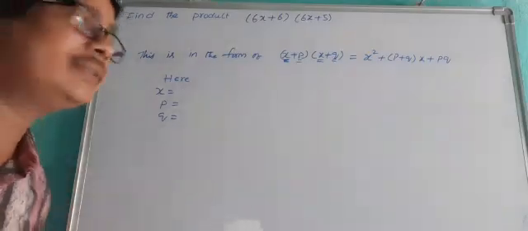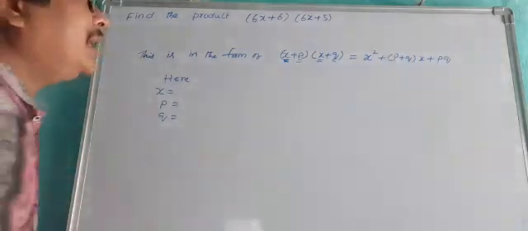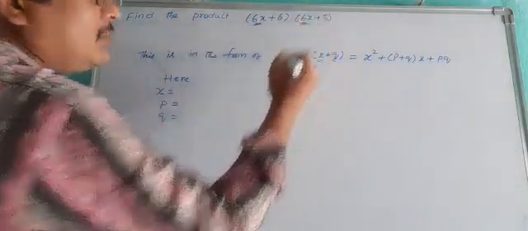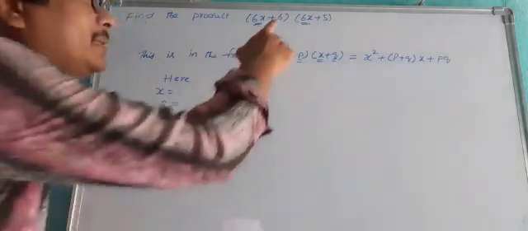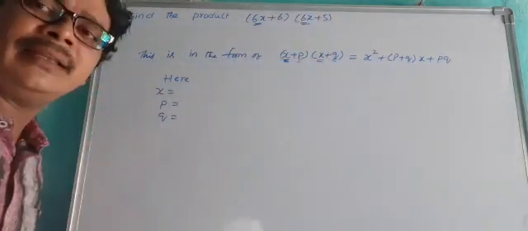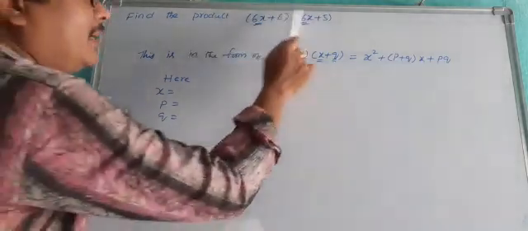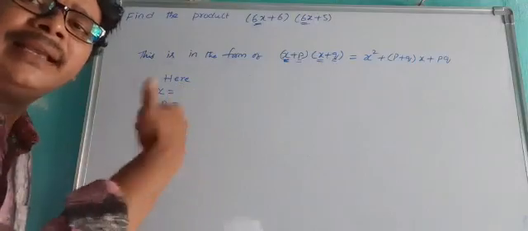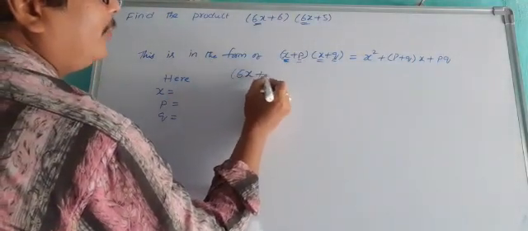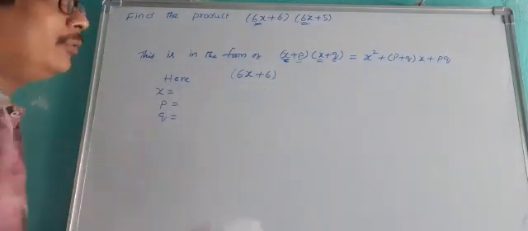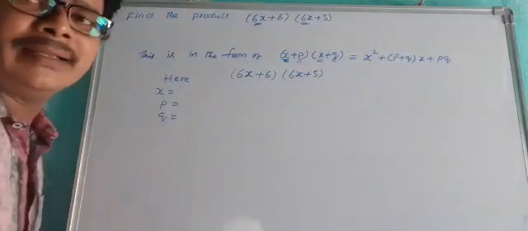The same kind of product: (6x + 6)(6x + 5). Both are having same first terms. What is that? 6x. But second terms are different: +6 is there, +5 is there. So both binomials have the same first term 6x but different second terms, +6 and +5.